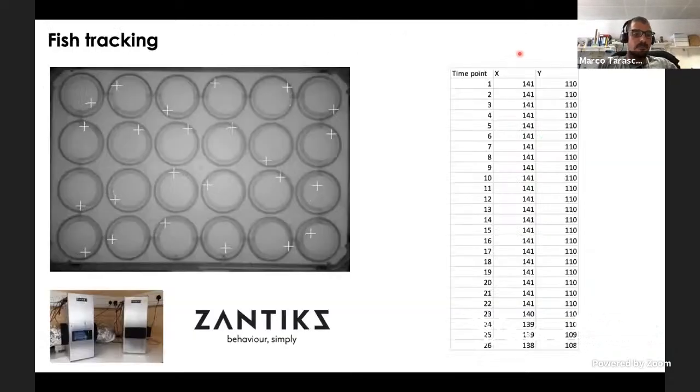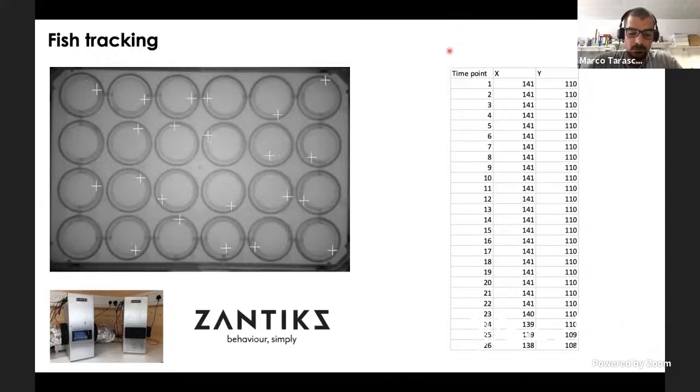Another example of a macro can be applied for fish tracking. Last year, we acquired in our lab this machine, the Zantiks. This will track the fish behavior over a long time. But we got in trouble when we saw that we were just getting a set of coordinates.